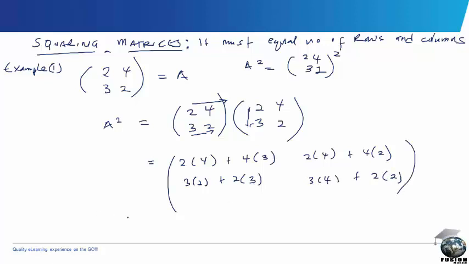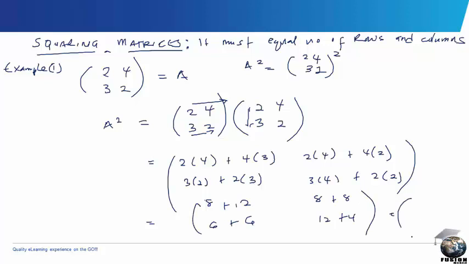And so we have 2 times 4 is 8, 4 times 2 is 8, 3 times 2 is 6, 2 times 3 is 6, and then 3 times 4 is 12, and 2 times 2 is 4.